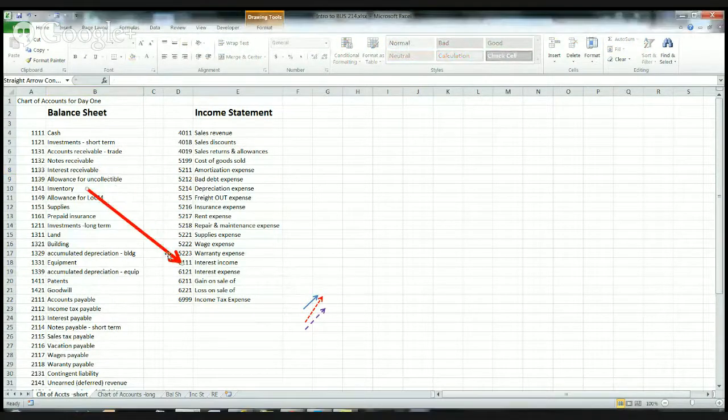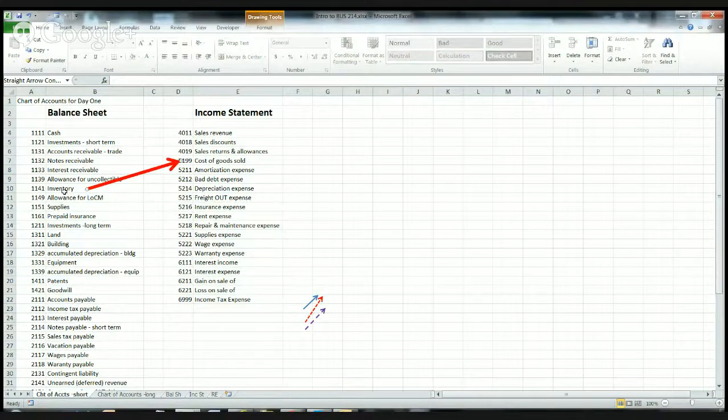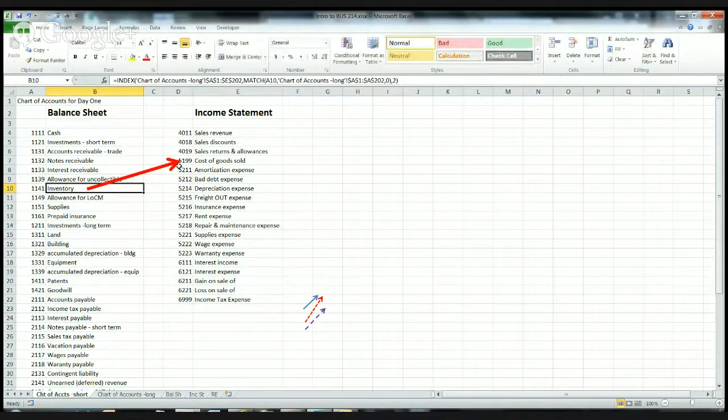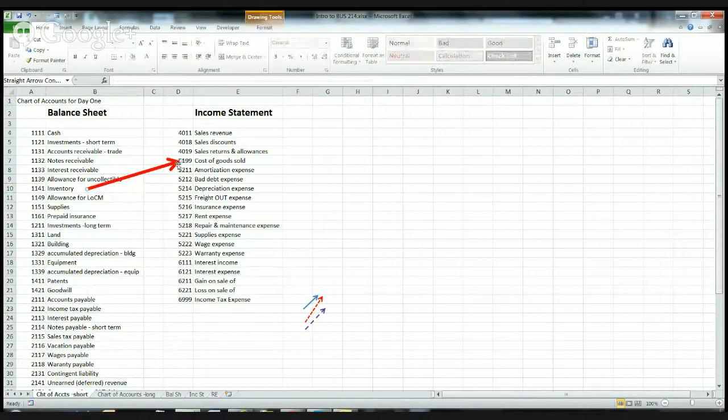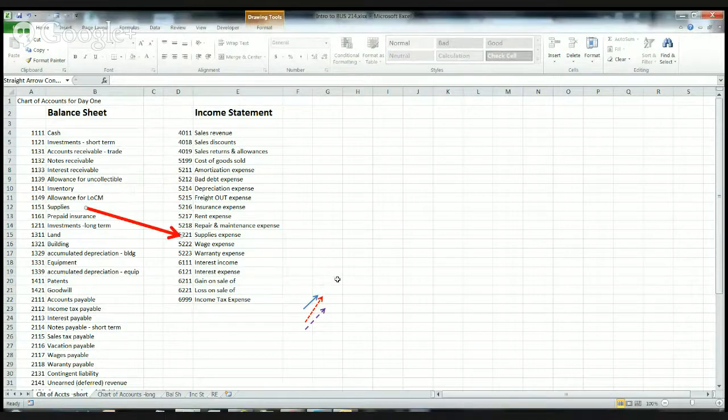Inventory is on the books so we can sell it. When we still own it, we call it inventory. When we sell it, it becomes cost of goods sold. We've got an asset called supplies. When we use that up, we call it supplies expense. We've got prepaid insurance.